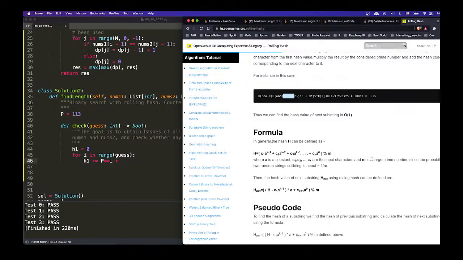No, m is a large prime number. Okay, m is a large prime number. H is the previous one minus c1, the first one, times a to the k minus 1, times a plus c k plus 1 times a. That's always 1.